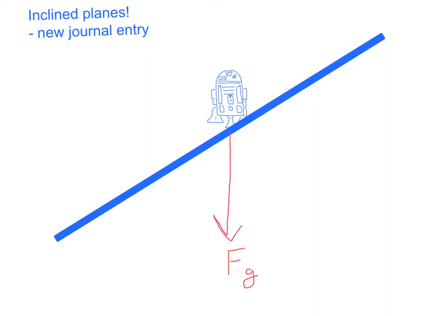And so in order to figure this out a little bit better, what we need to do is we're actually going to rotate our axes. And so what we're going to say is everything that's parallel to the plane is going to be our x-axis.